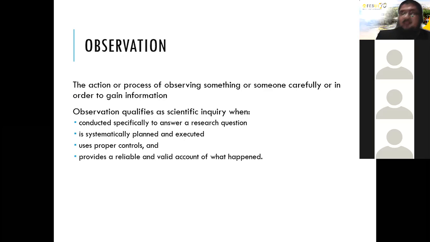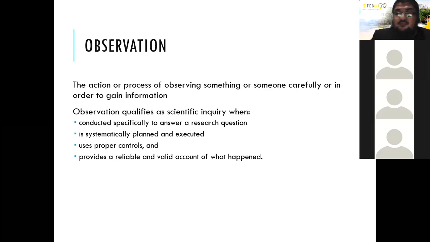Control here means that, for example, we want to capture all of the variations. If we want to observe the behavior of customers of a certain restaurant or cafe, then we need to observe them periodically at a certain time period, for example, every 2 hours, every 1 hour, and then throughout the week.